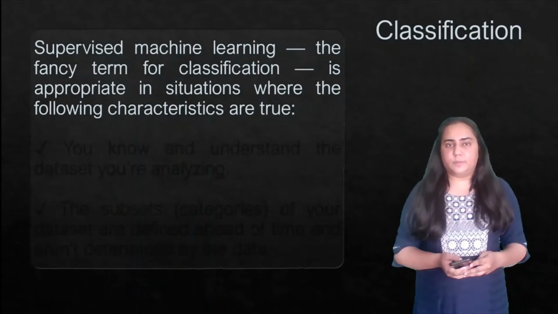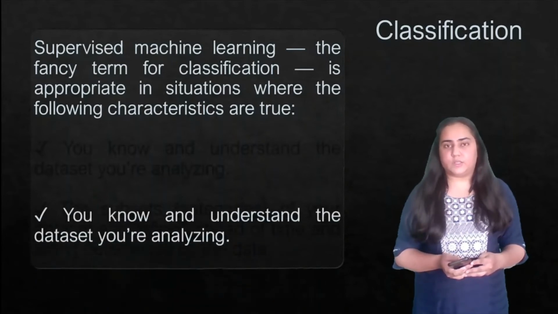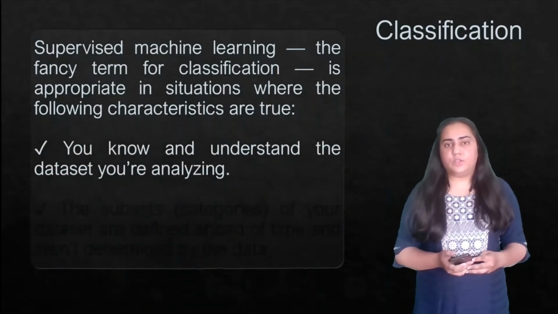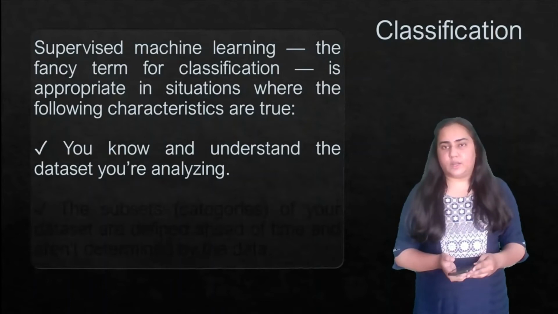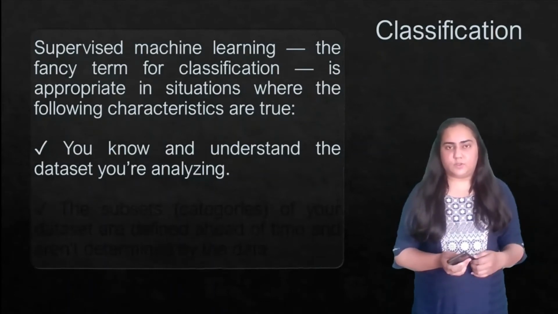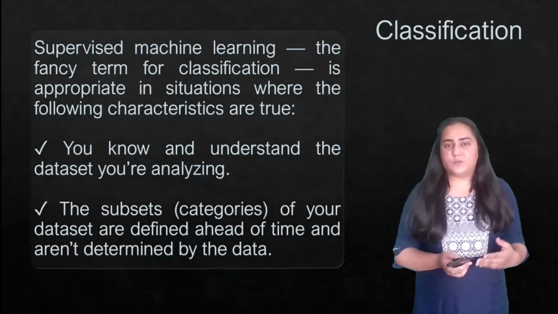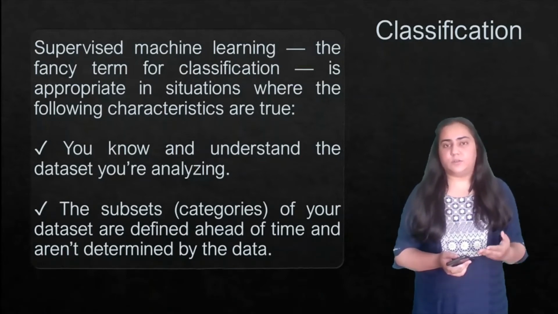Supervised machine learning, which is the fancy term for classification, is appropriate in situations where the following characteristics are true. You know and understand the data you're analyzing, which is the same as clustering. The subsets or categories of your dataset are defined ahead of time and aren't determined by the data.